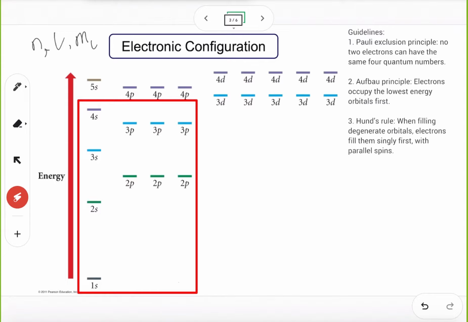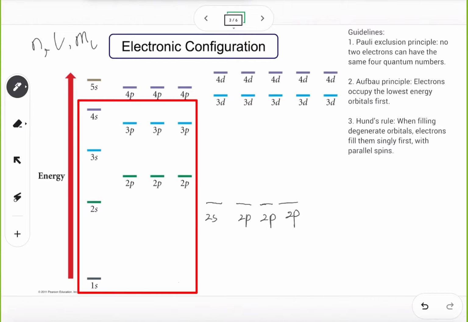So that means if these orbitals have the same principal quantum number 2, they are supposed to have the same energy. In other words, in theory, we should draw the 4 lines on the same level. Okay, so 2s here and 2p here.